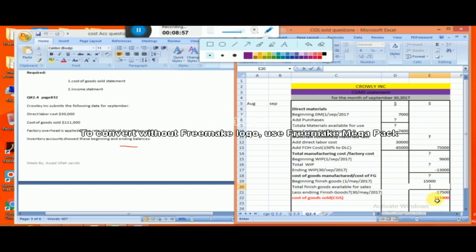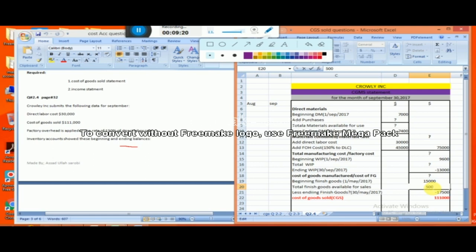Now 1,11,500. So what is the answer? 0 plus 0 is equal to 0. 0 plus 0 is equal to 0. 0 plus 5 is equal to 5. Clear now? Okay.